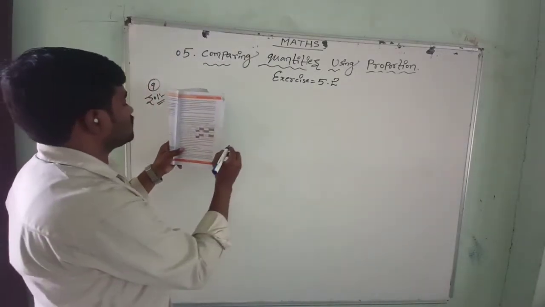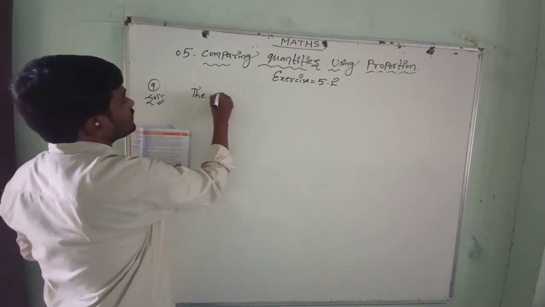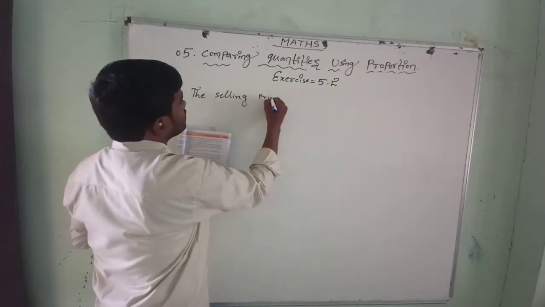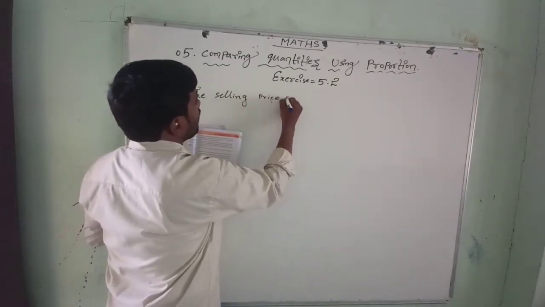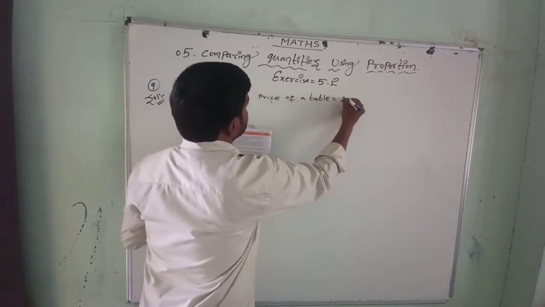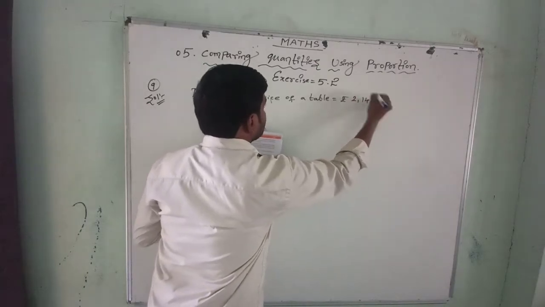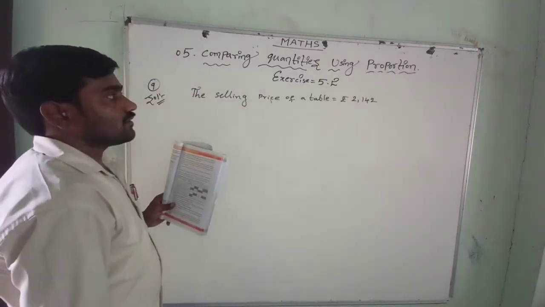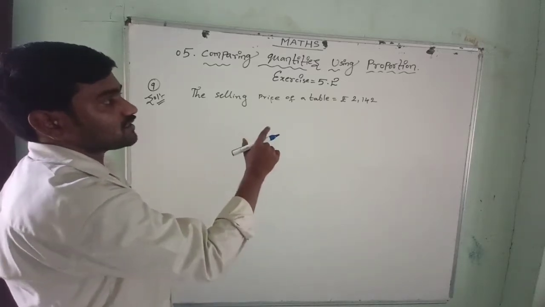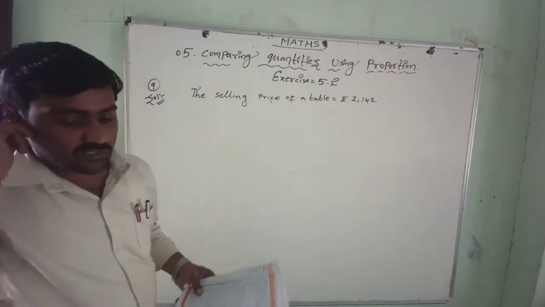The selling price of a table is equal to rupees 2142. At this selling price, it was a gain.